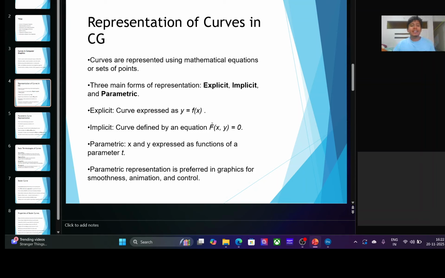Now we have the implicit curve, defined by the equation f(x, y) equals 0. An example is the circle: x squared plus y squared equals r squared.